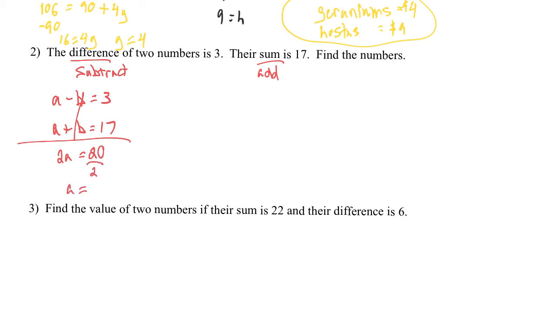So one of the numbers is 10, and then if I plug 10 back into one of the equations and solve for b, so if I subtract 10 from 17, there's the other number. So my two numbers are 10 and 7. It doesn't specify what order to put them in, just says find the numbers. So it doesn't matter if you put the small one first or the big one first. You just need to find the two numbers.